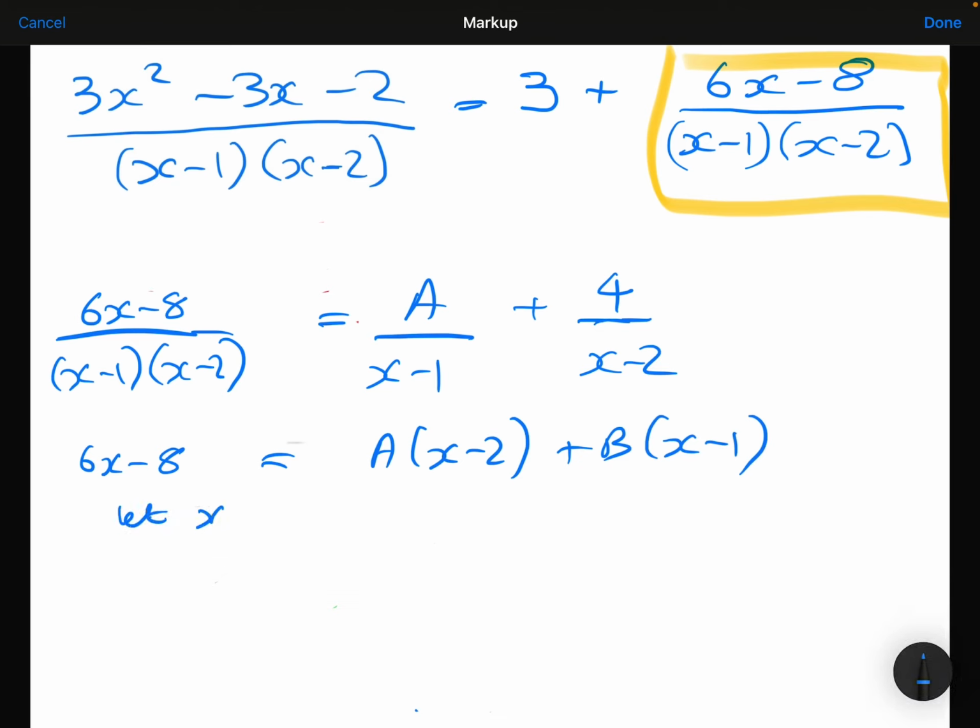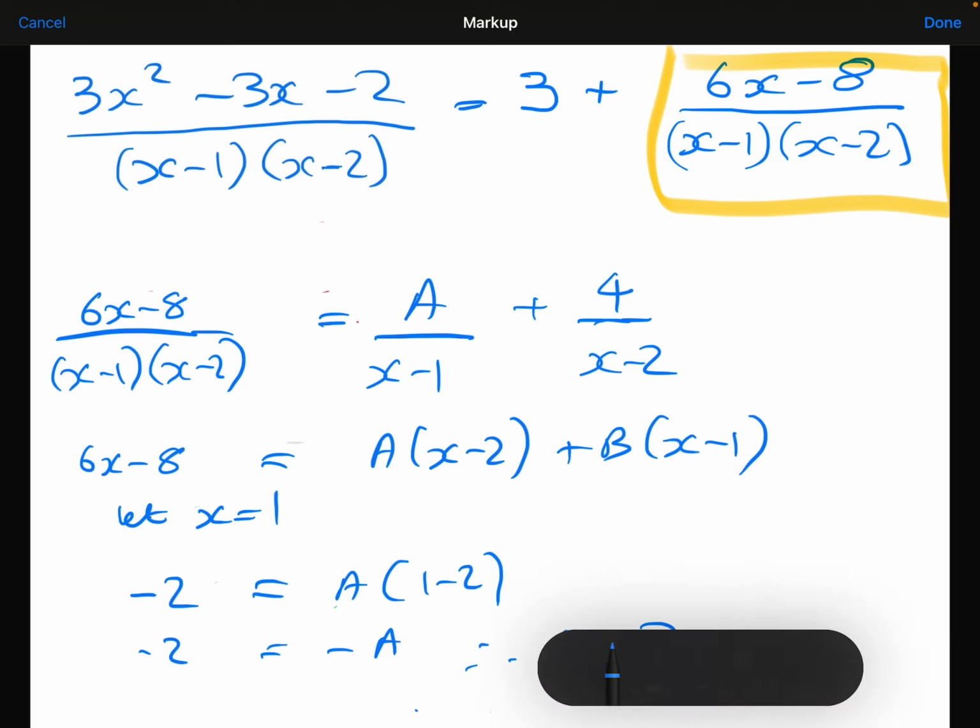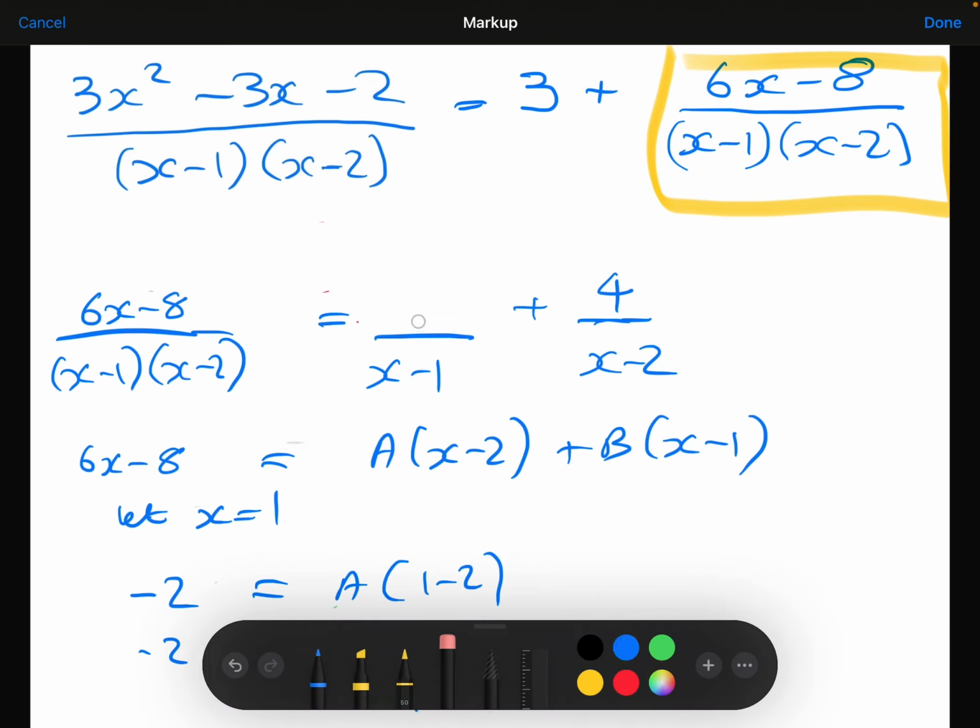So let x equal 1. 6 times 1 minus 8 is minus 2. A times 1 minus 2 will be minus a. Therefore, a equals 2. So I can now replace this a with a 2.